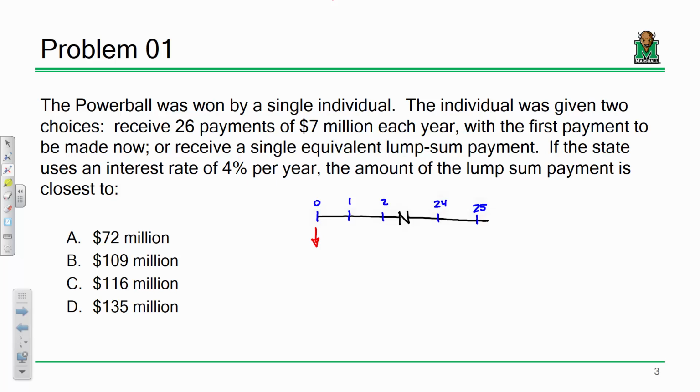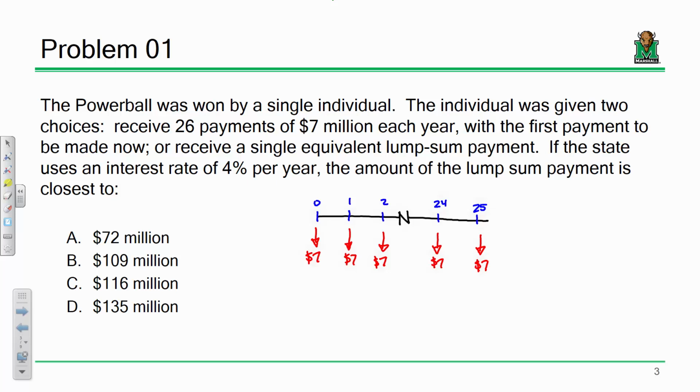So this would be 7. I'm just going to use 7. This would be 7. Everybody okay with that? Now, if you remember from engineering econ, annual deposits or annual monies start at year 1.